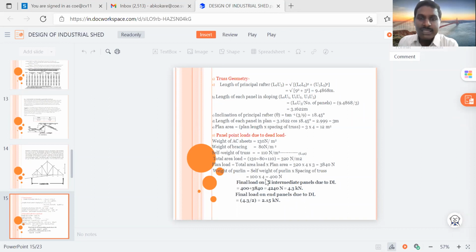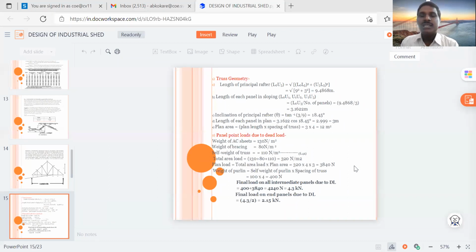If we multiply by the spacing of truss, we will get the weight of purlin as 400 Newton. Initially they have added 3 weights: weight of AC sheet, weight of bracing, and self weight of truss. Finally they have added the total load, that is 320 Newton per meter square.